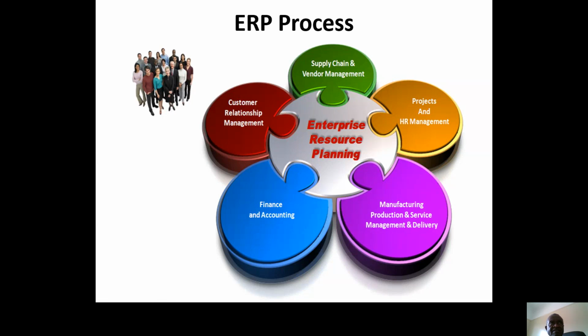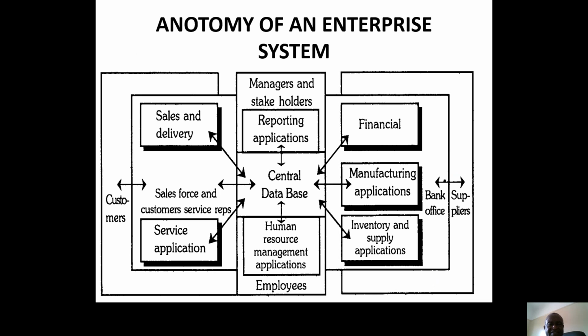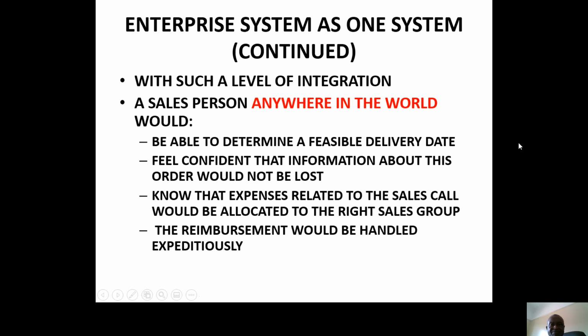Just look at that. All these are integrated to form one system, an integrated system. Or you can think of this. Now look at the connection to and fro customer, to and fro supplier. So that's an ERP, enterprise system.